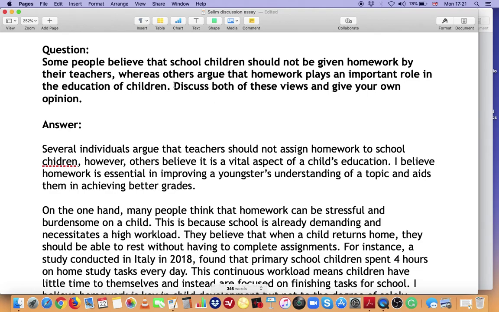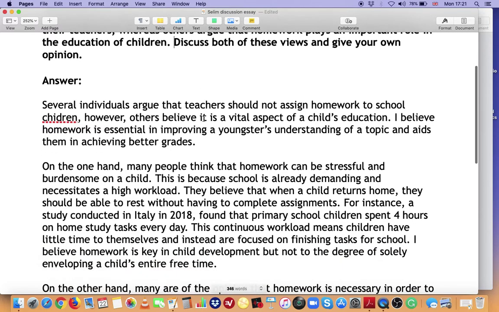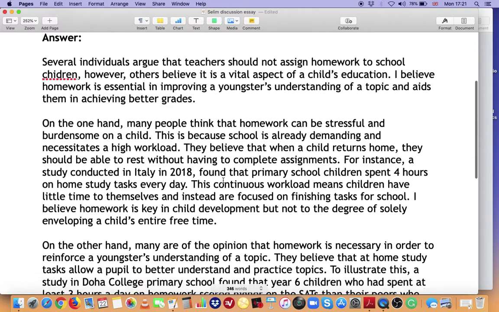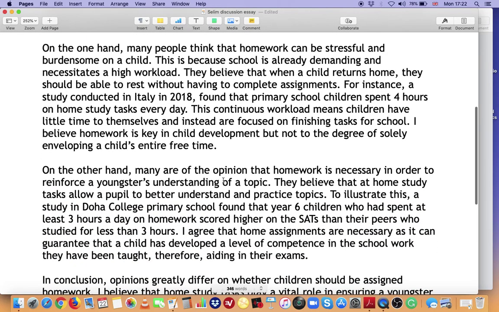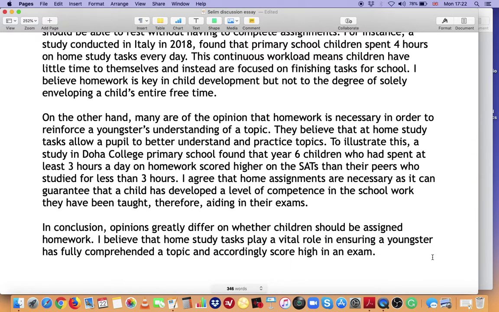Discuss both these views, give your own opinion. So it's a discussion essay. So this was his introduction, and main body 1, main body 2. You can pause the video if you like to read this, and then the conclusion.